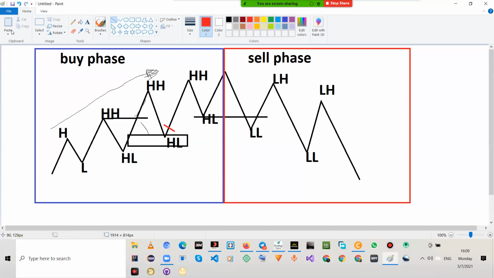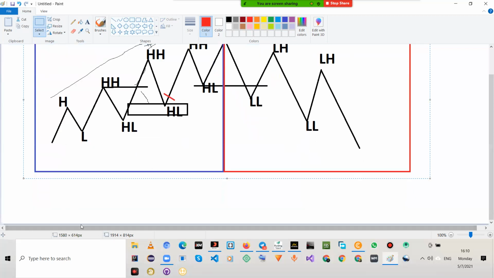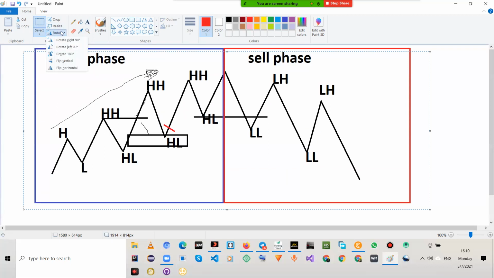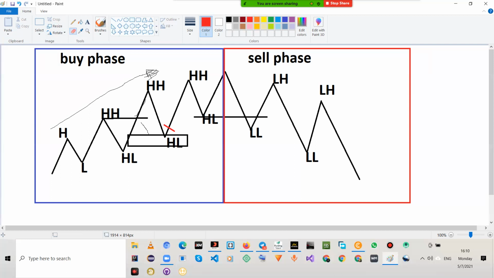Let me clear the charts right here. How do I clear this thing?